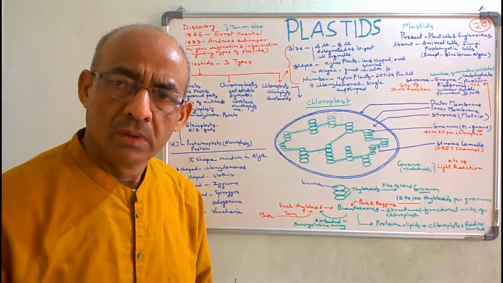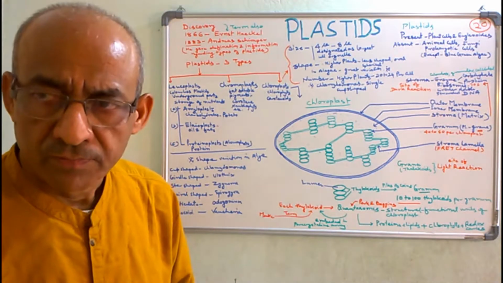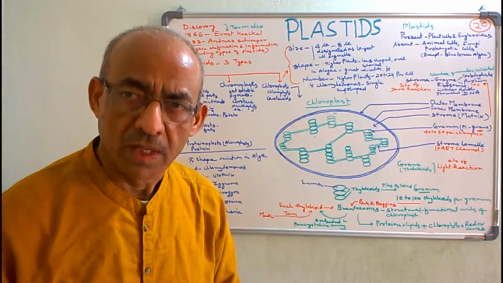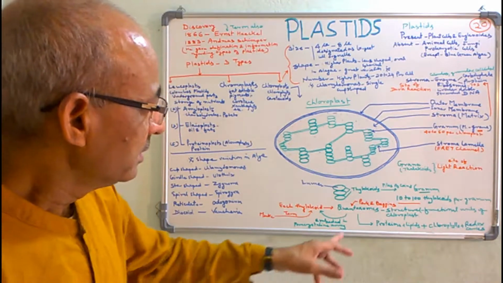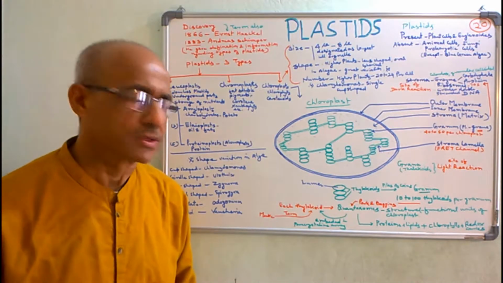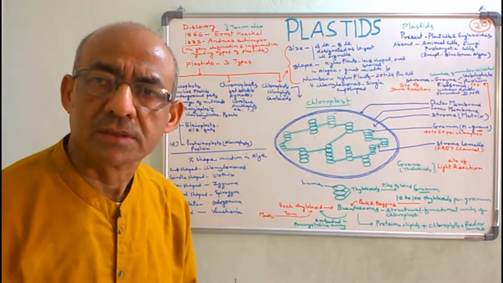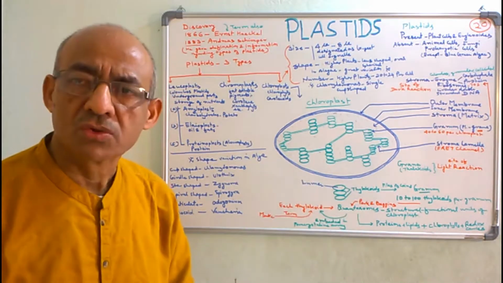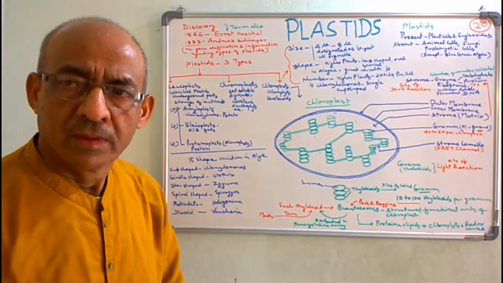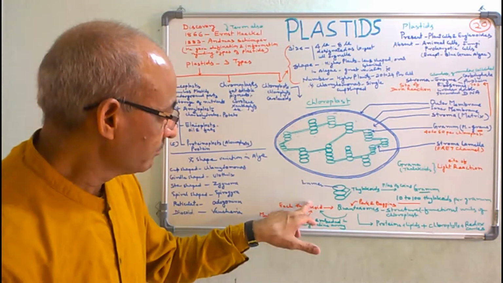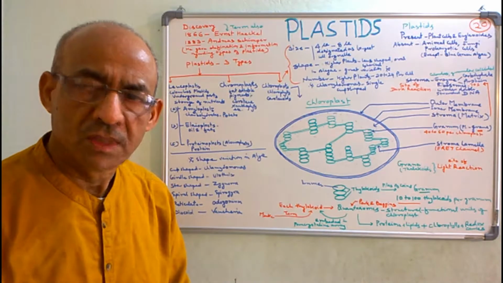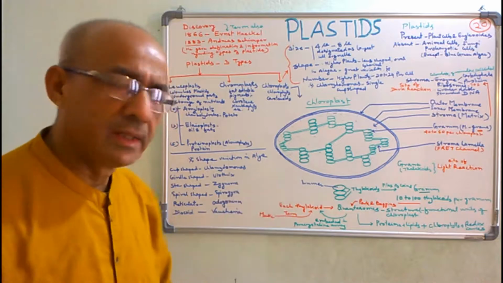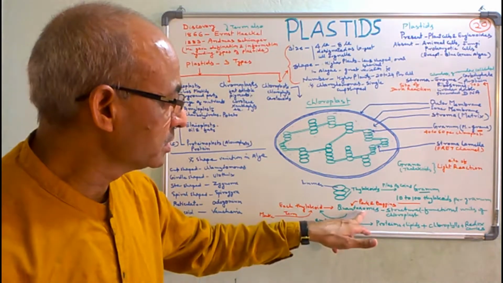So each quantasome is called a structural functional unit of the chloroplast. Two scientists, Park and Biggins, discovered quantasomes. And the term thylakoid was first given by a scientist, Menke.